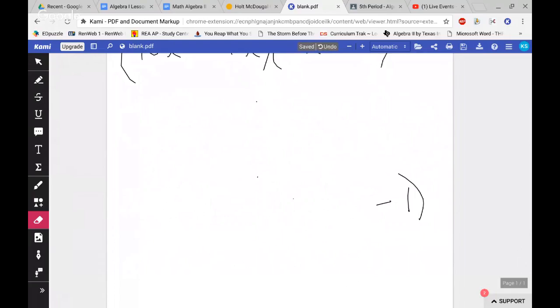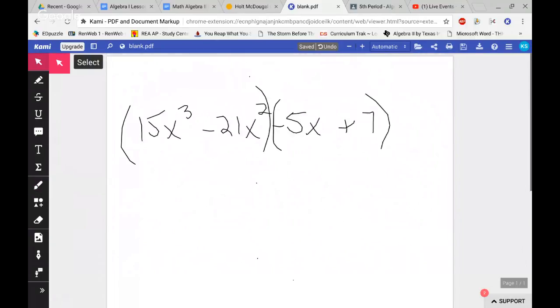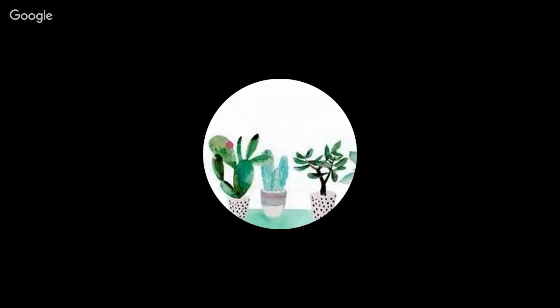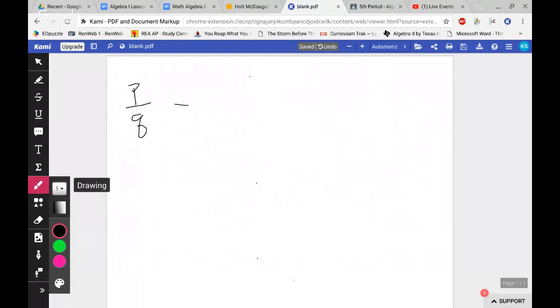So that's your P, and you put that over your Q, which is the leading coefficient, which is 5 in this case. So P over Q, and your P is -5 and 1 and 5 and -1.